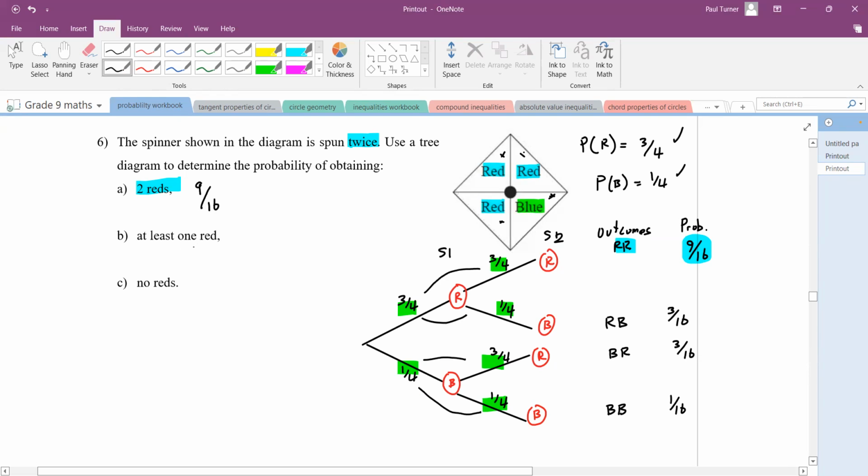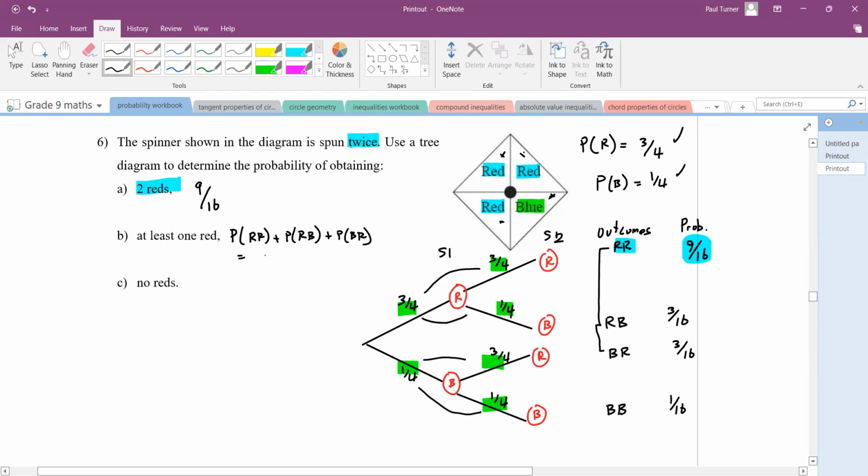At least 1 red means minimum 1 red. So looking at our tree, we have 2 reds here, which is okay because that's at least 1 red. So red, red, red, blue, blue, red. So if we write it out the long way, this would be the probability of 2 reds plus the probability of red, blue, plus the probability of blue, red, like that.